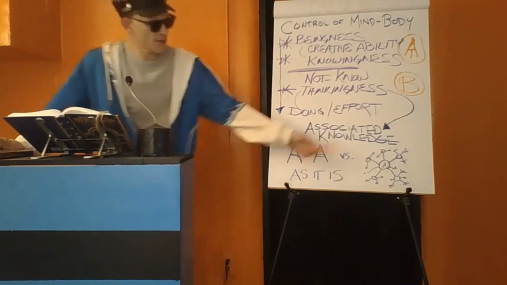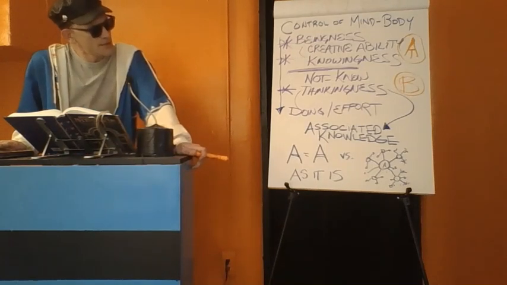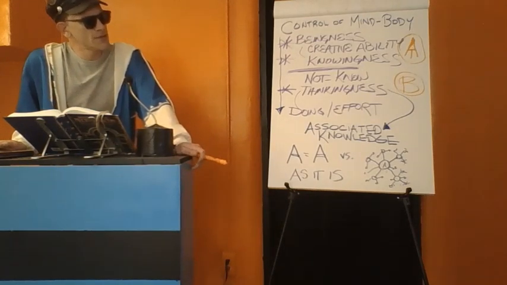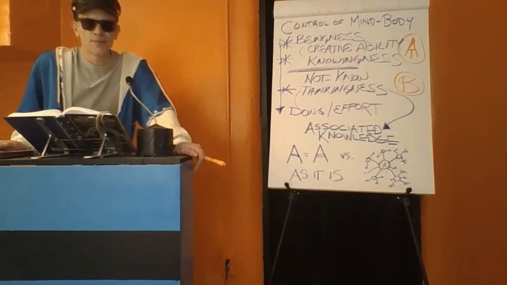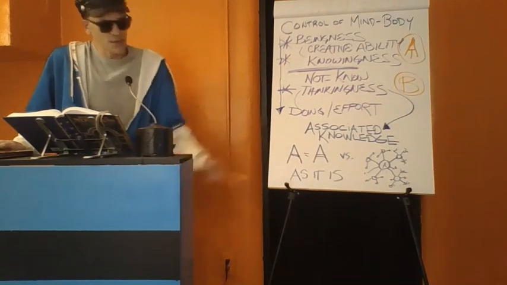In psychology, they call it a schema, but it's the associative knowledge that has accumulated about something, rather than just the permeating knowingness of what that something is.